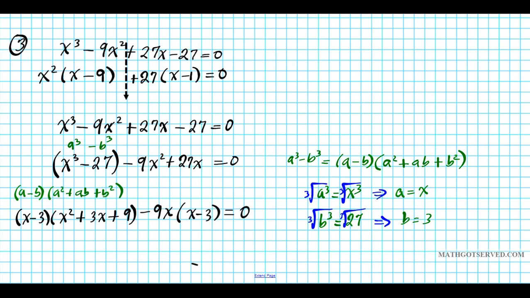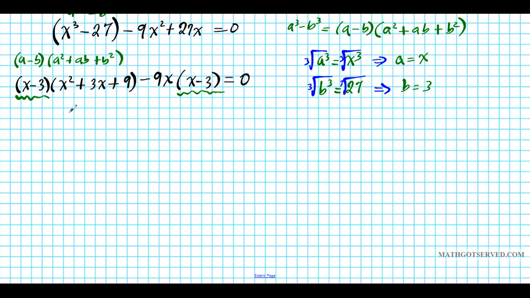If we factor out the quantity x minus 3 from both terms, we have x minus 3 times x squared plus 3x plus 9 minus 9x, which equals 0.